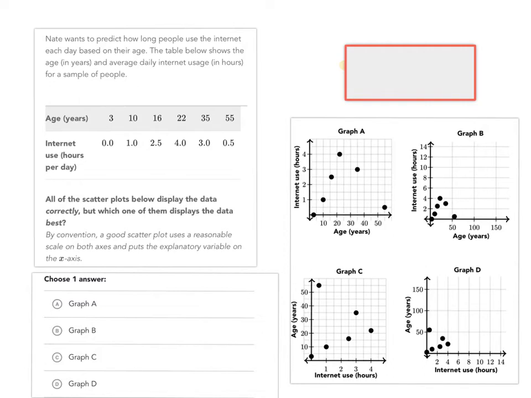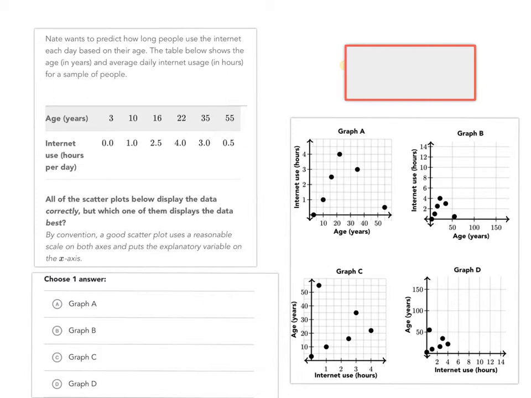So my question is, does your age predict the amount of hours you spend on the internet, or does the number of hours you spend on the internet predict your age? Let me say that again. Does your age predict the number of hours you spend on the internet, or does the number of hours spent on the internet predict age?